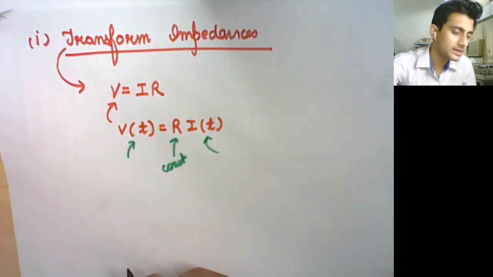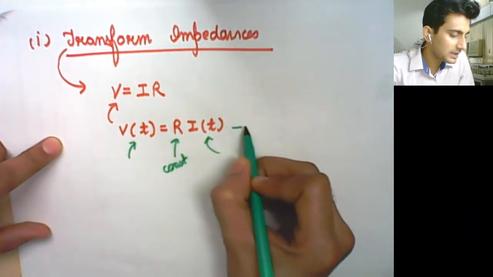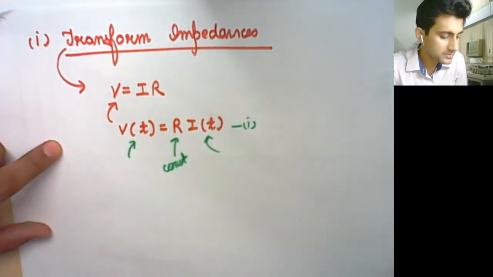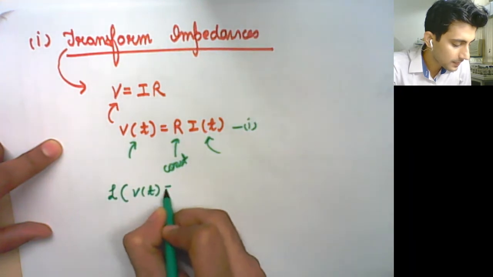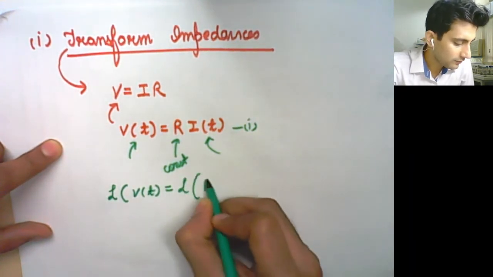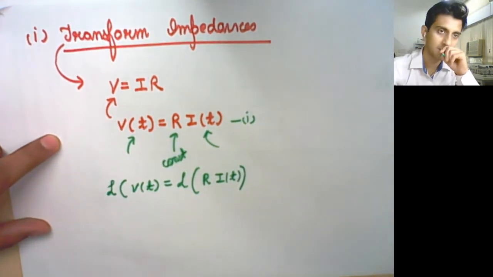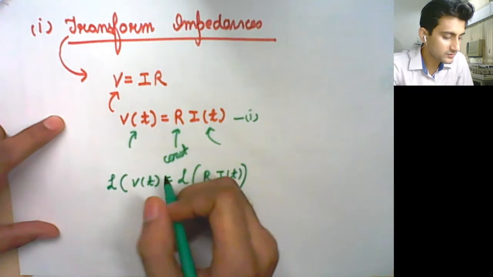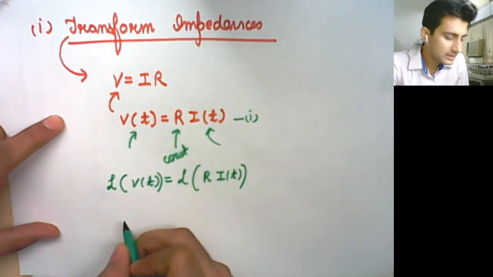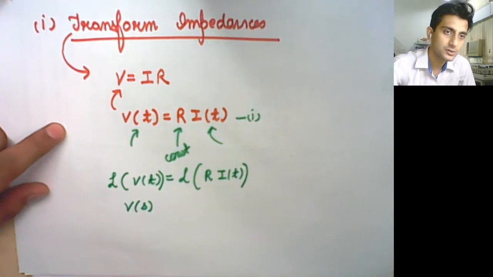Now, let us take the Laplace transform of equation 1 on both sides. So what I'm saying is you take the Laplace transform of V(t) and the Laplace transform of R into I(t). Fine. So let us say that the Laplace transform of V(t) is given by some V(s), a function in S domain.